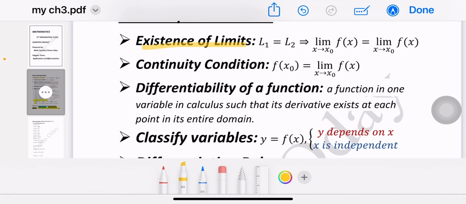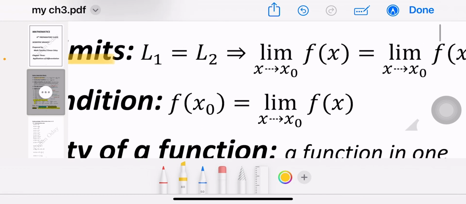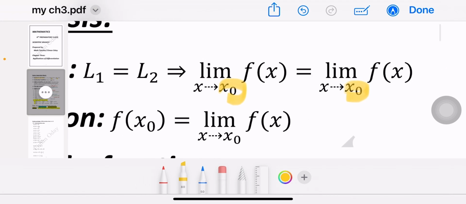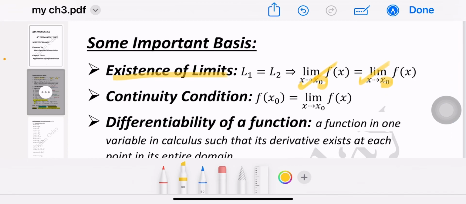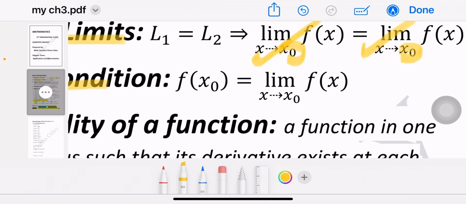The limit of a function exists at a specific point, which is x naught, in case the limit from the left and the limit from the right are equal. So the limit exists in this case. We also studied the continuity condition. It takes two parts.